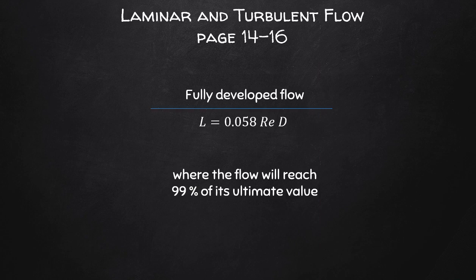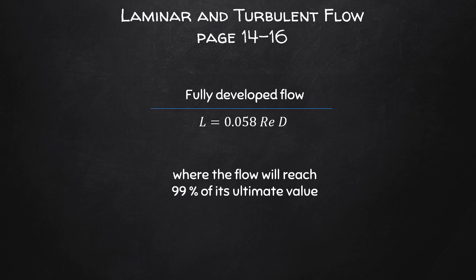You will often see the concept of fully developed flow. This is often mentioned, and this has to do with the development of the fluid profile inside a pipe. When a fluid is flowing, as it enters a pipe, the velocity profile is not yet steady.